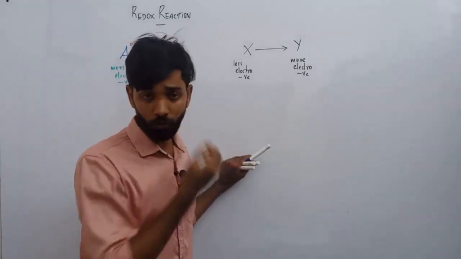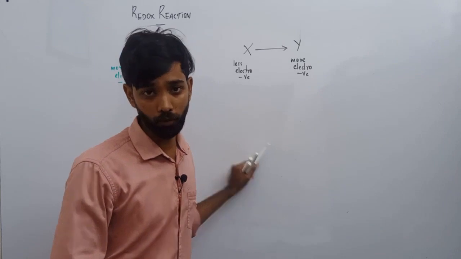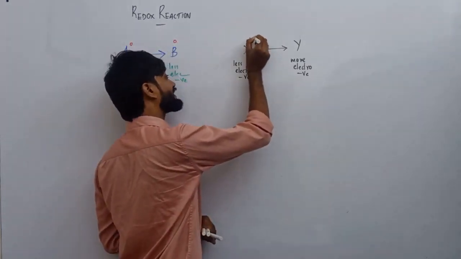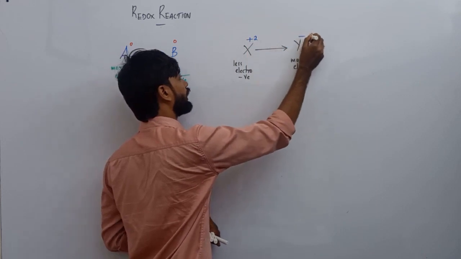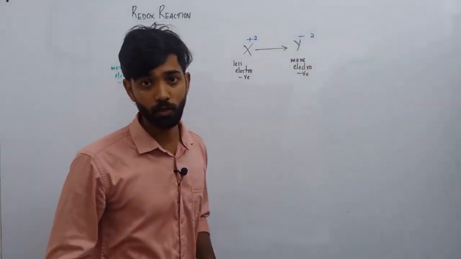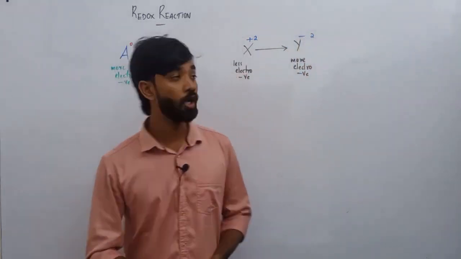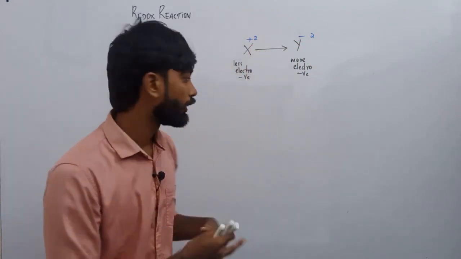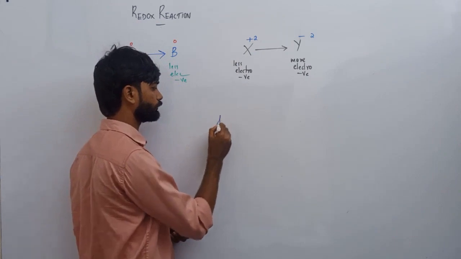If there is a coordinate bond from less electronegative to more electronegative, then the less electronegative atom has a +2 charge and the more electronegative atom has a -2 charge. It's not +1, -1. It is +2, -2 because this is a coordinate bond.